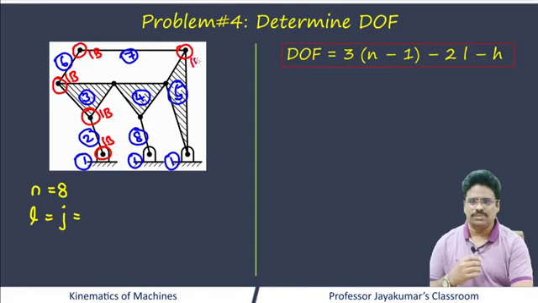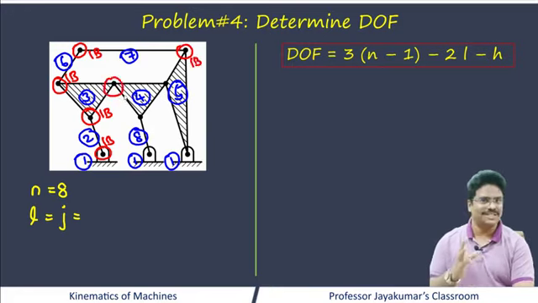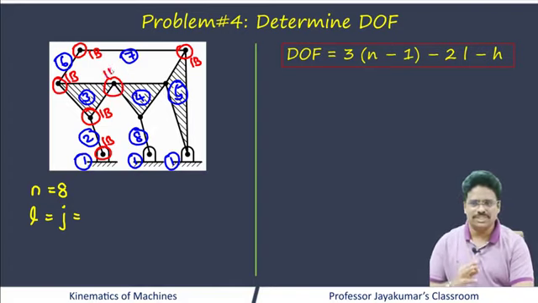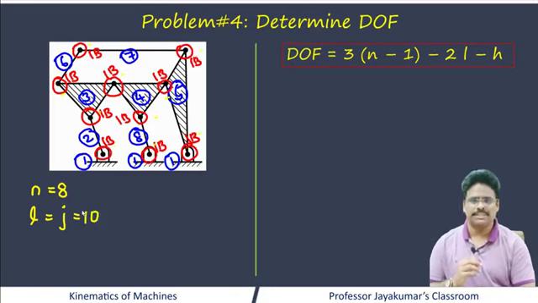Here, one binary there. It might look like a quaternary joint. It is not, because 3 is one link, 4 is one link. Only 2 links are joined at this joint. Therefore, this is a binary joint. One binary, one binary, one binary, one binary. Count them. I am getting 10. Is there any higher pair?